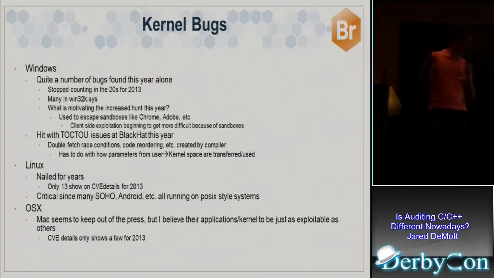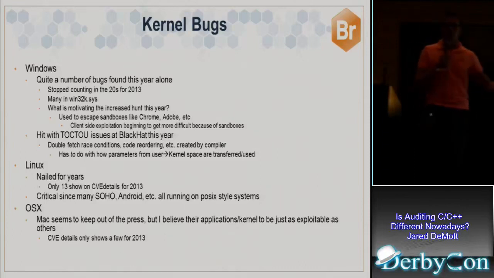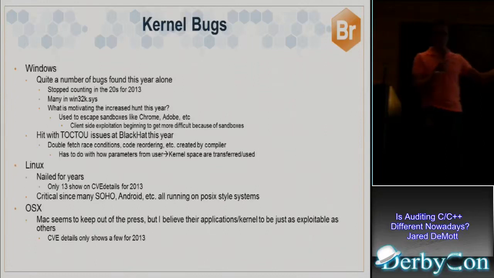So that's a race condition, time of check, time of use. That category of bug has been around forever, but that specific case, the double fetch, really blew up Windows this year. It was kind of a big deal this year at Black Hat, right? And Linux has had its share of issues. It wasn't as vulnerable to that specific issue, but Linux has gotten blown up for years in the kernel, okay?